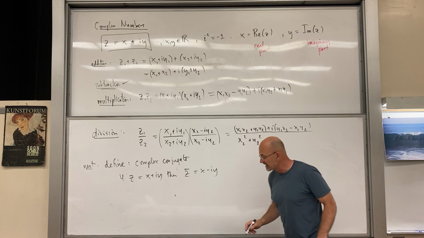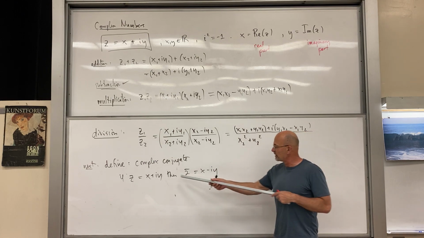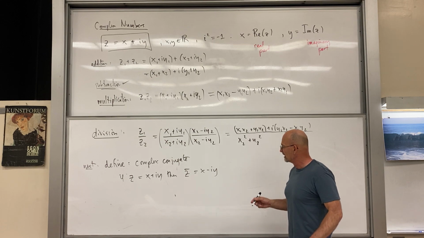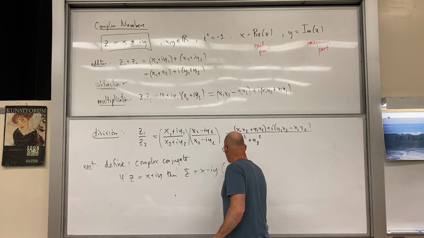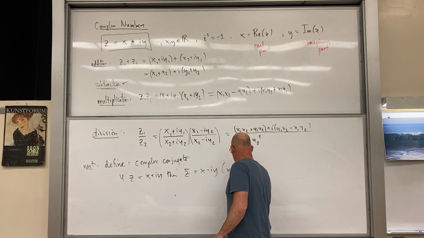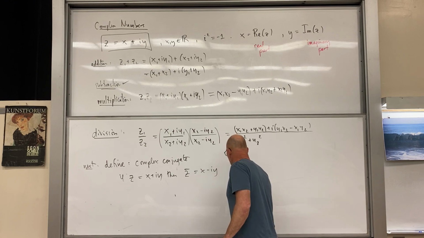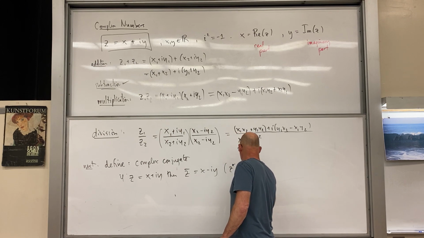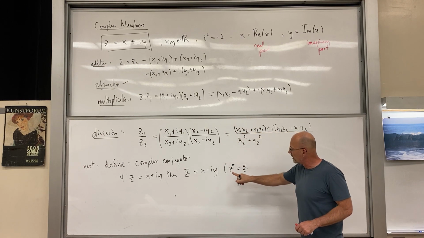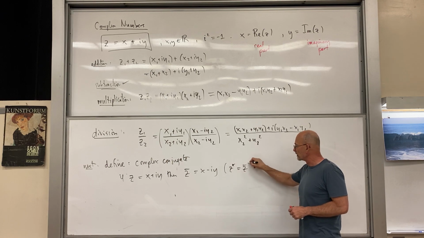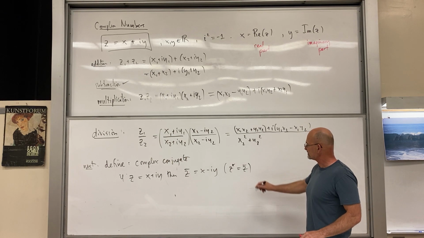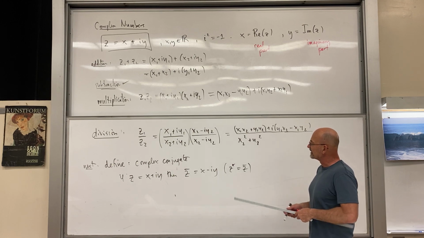You're replacing anywhere there's i, you replace it with minus i. And you'll see in physics we often use z star, instead of z bar on top. I'll probably go to using a star as we progress here, okay? Use the bar right now.